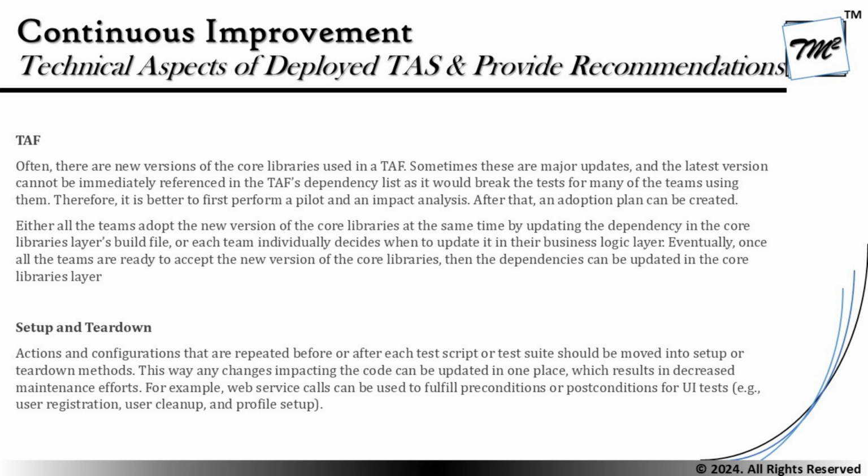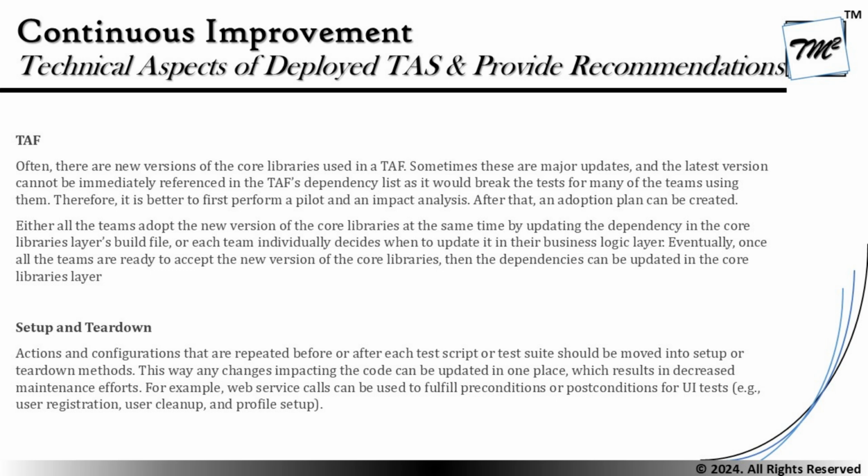Also, to add here, the next factor we are talking about is, of course, the automation framework. And test automation framework certainly deals with the components of the framework itself. So often there are new versions of core libraries used in the framework. Sometimes these are major updates and the latest versions cannot be immediately referenced in the TAS dependency list, as it would break the tests from many of the teams using them.